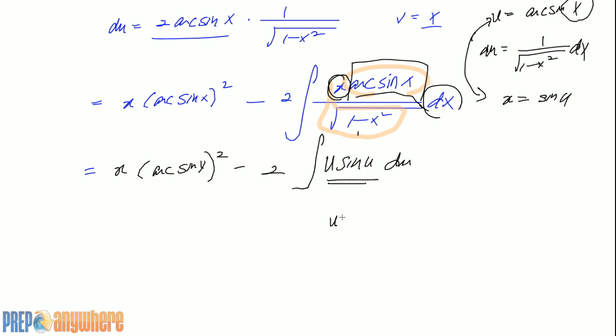So let's let u equal to, I'm going to call it a, and db be sine of u du. So da is equal to du then, and b is equal to minus cosine of u.